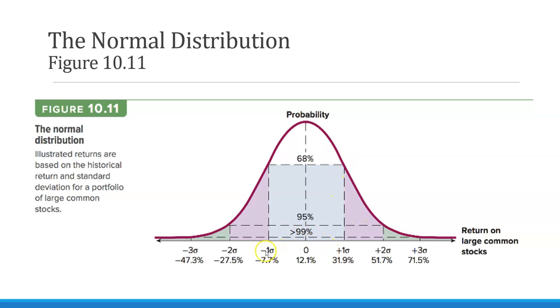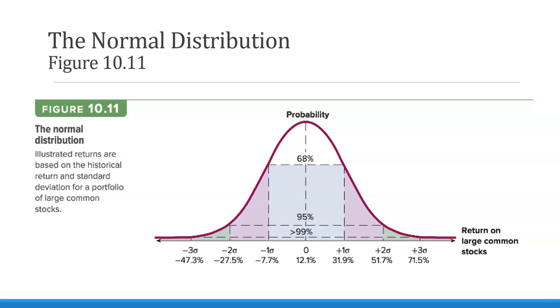Then we have minus 1 standard deviation, minus 2 standard deviations, minus 3 standard deviations, plus 1 standard deviation. So the actual distributions are roughly mound-shaped and symmetrical. When this is true, the normal distribution is often a very good approximation of the actual distribution.